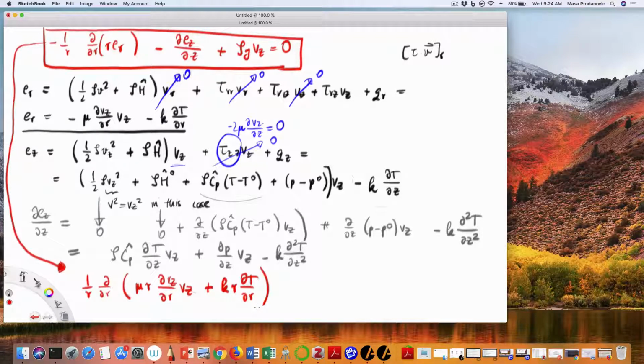Then minus dEz/dz, so I have that term right in front of me, and plus k. And let's not forget this last term, plus rho g Vz is equal to 0.